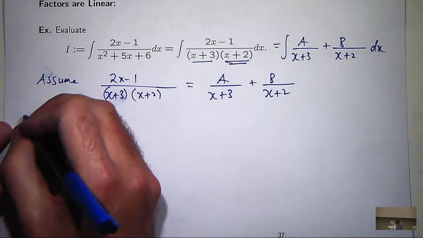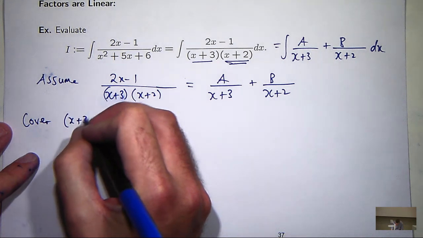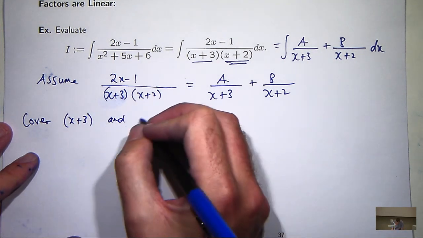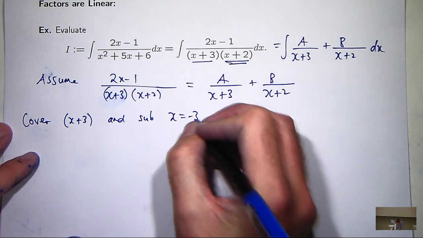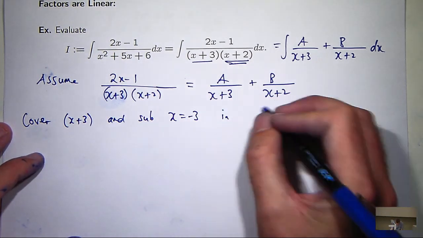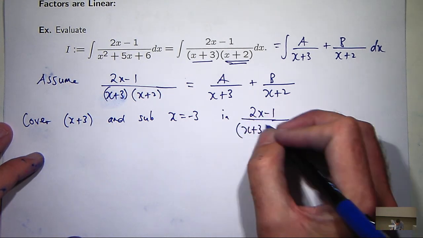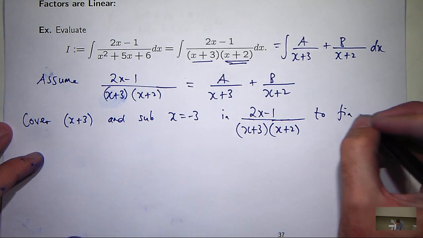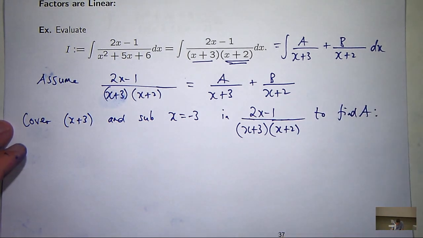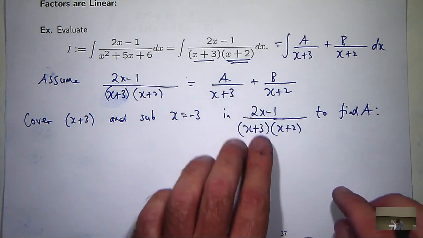So on the top, we're going to get minus 6 minus 1 over minus 3 plus 2. That's pretty easy. So to get big B, you just go here, cover up the other one and substitute in x equals minus 2.